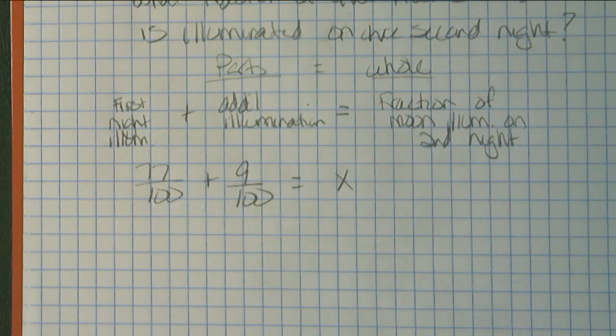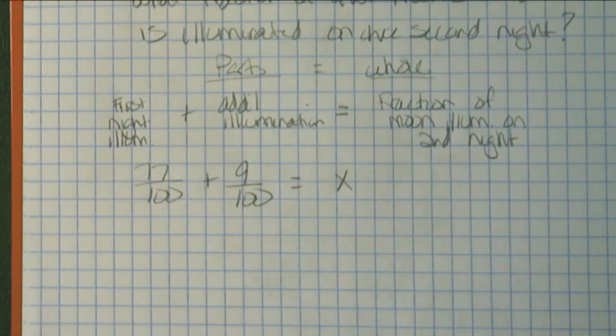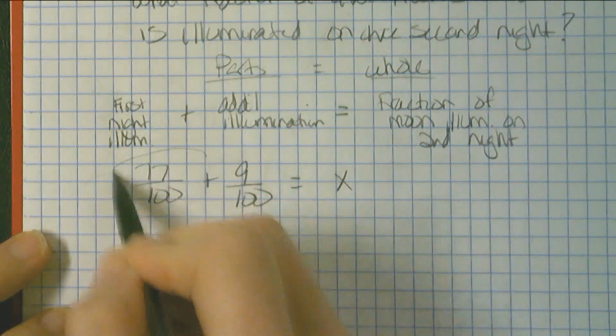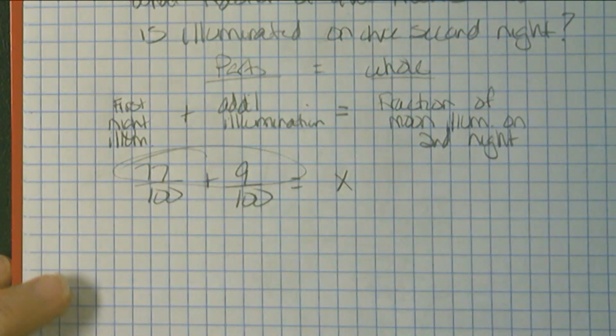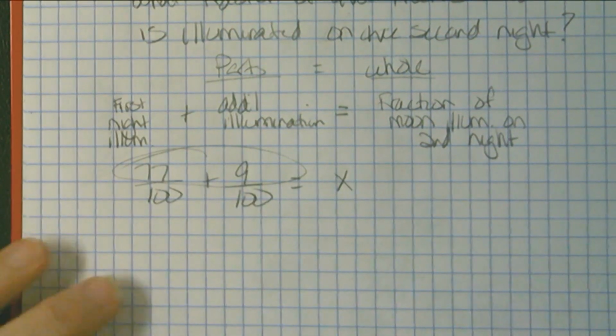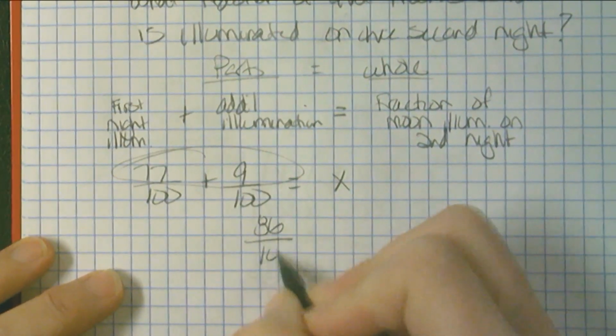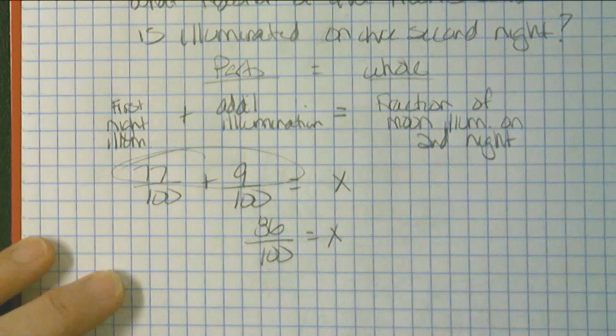This is something that I would not take for granted, because once we get into multiplication, someone's going to forget this. When I'm adding fractions, what is the only thing I'm adding? Brendan? Yep, so just add our numerators. Brendan, what is 77 plus 9? So I have 86/100. Can I simplify that?